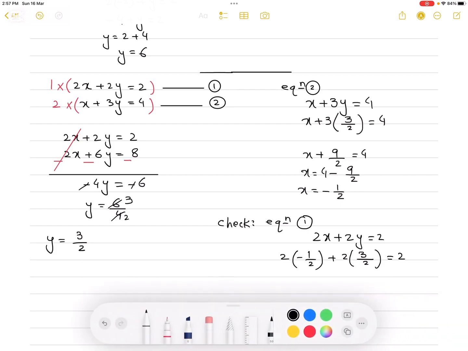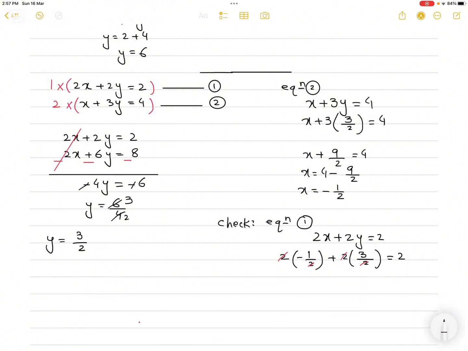So these twos cancel, and I'm left with minus 1 plus 3 is equal to 2. Minus 1 plus 3 is 2, equals 2. So my answers are correct.